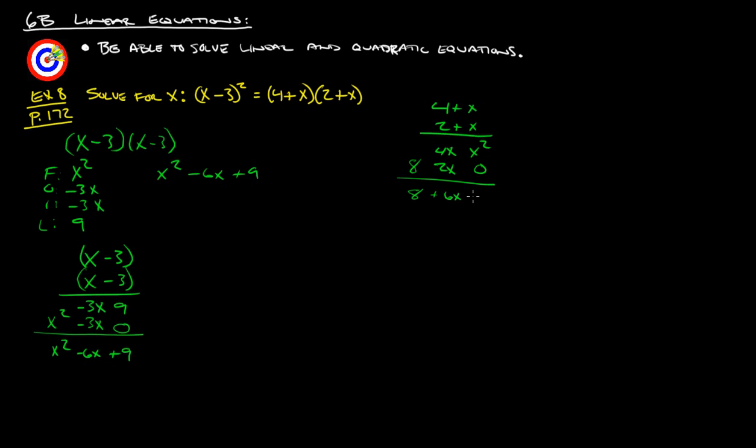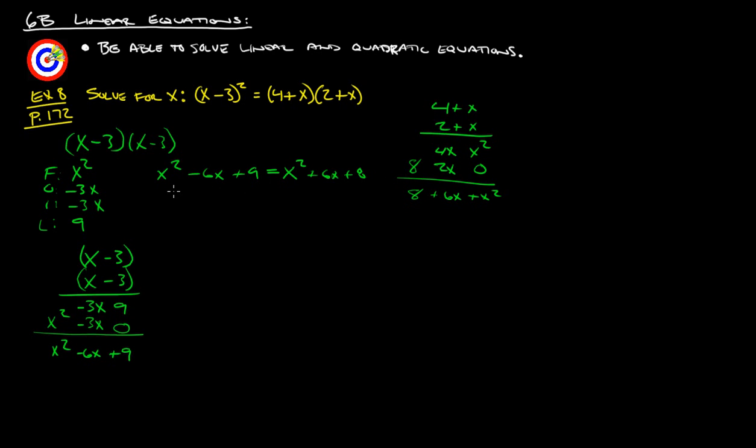So it's 8 plus 6x plus x squared. I'm going to just rewrite it in descending order of powers. So I'm going to write the x squared first. It doesn't really truly matter in this. It just looks a little bit nicer. So I'm going to write x squared plus 6x plus 8.